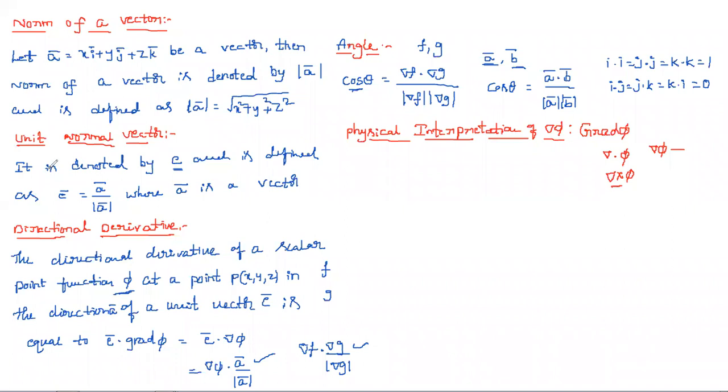So this is the gradient, grad phi. The gradient of a scalar point function phi at a point x y z is a vector.